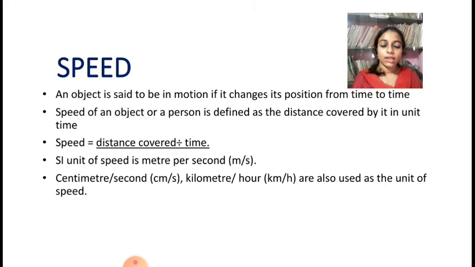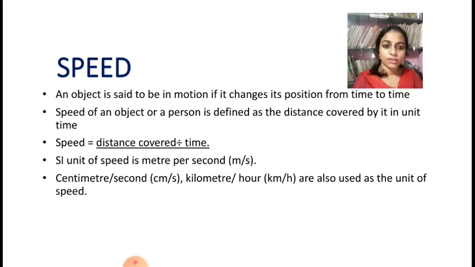Next, what is the SI unit of speed? The SI unit of speed is meter per second. We all know that distance covered is a measure of length, and the SI unit of length is meter, and the SI unit of time is second. So the SI unit of speed is meter per second.